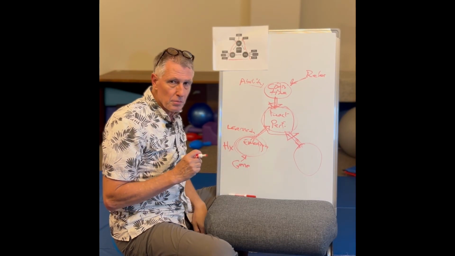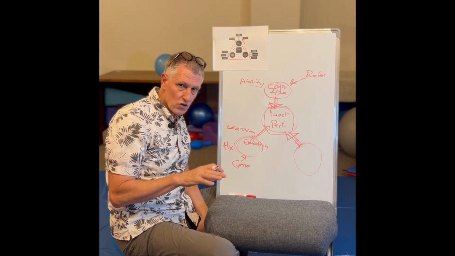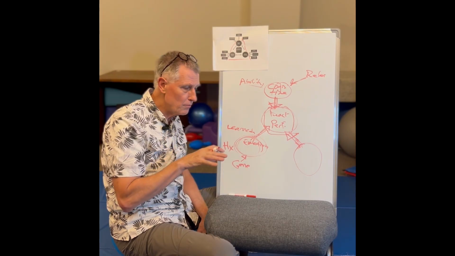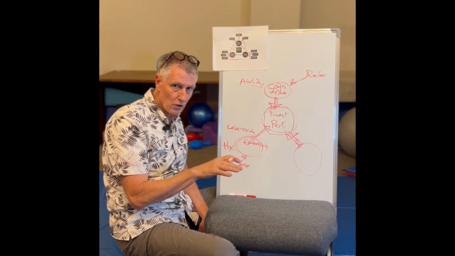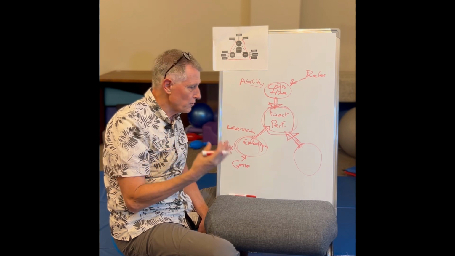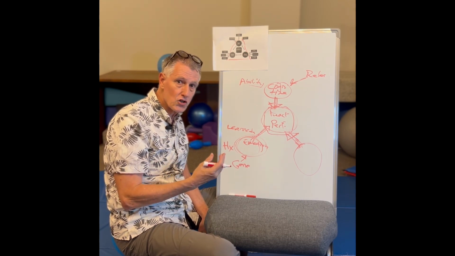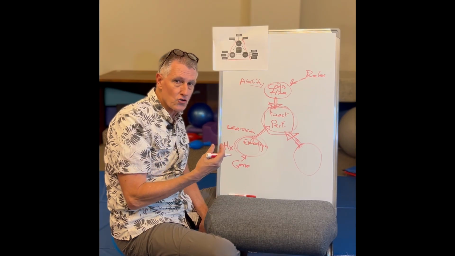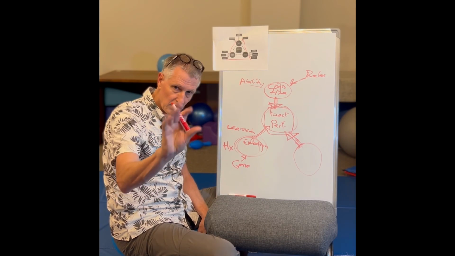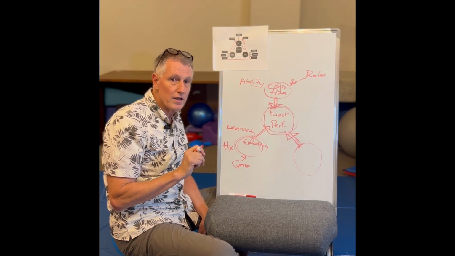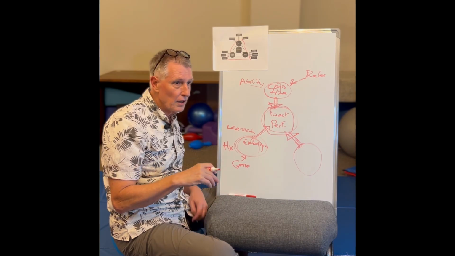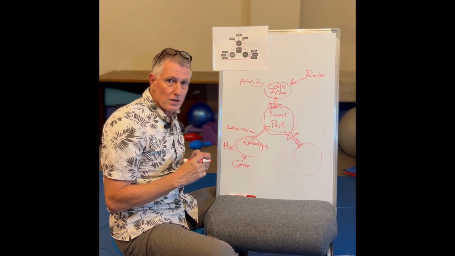And then the other big piece is baseline neurological coordination. We look at a foundational neurological hierarchy as we look at children, starting with primitive reflex integration, going through the proprioceptive, vestibular, and tactile systems, and then finally getting into vision and auditory.